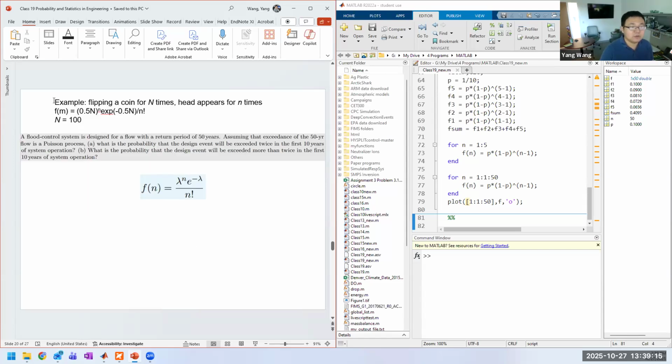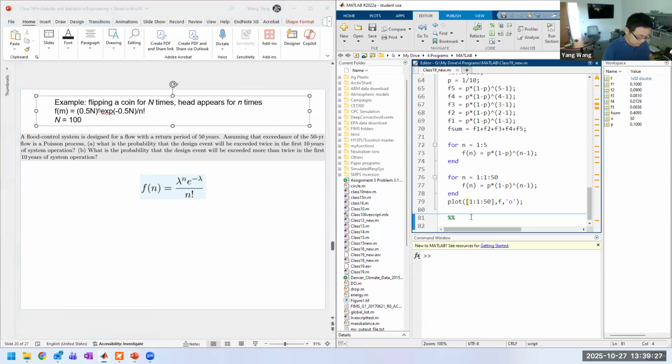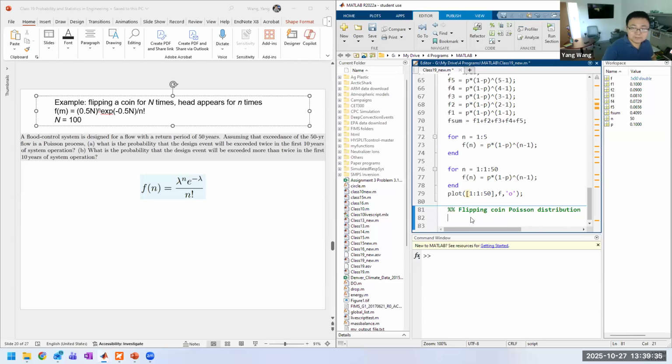So for example, we can try to plot the probability of the head happening from 0 to 100 when you flip the coin 100 times. So it's a coin flip with a Poisson distribution.